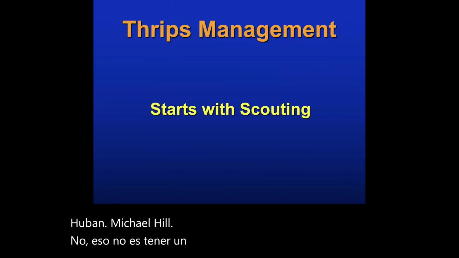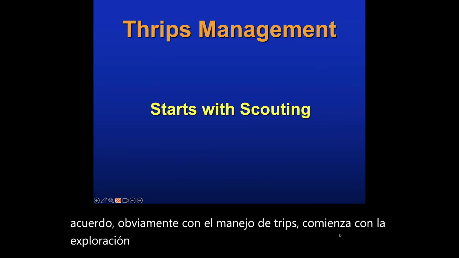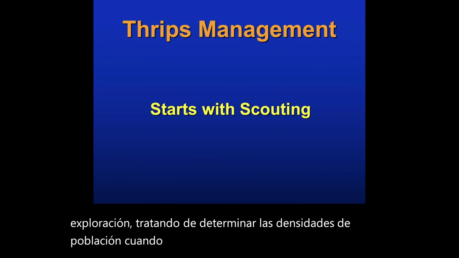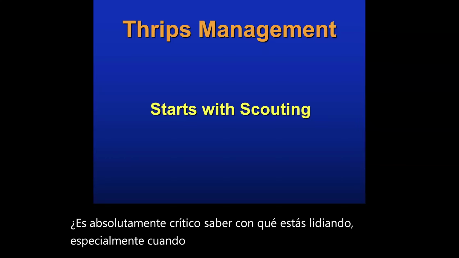Obviously, with thrips management, it starts with scouting, trying to determine the population densities and when you can apply certain things. Knowing what you're dealing with is absolutely critical, especially with biological control agents.